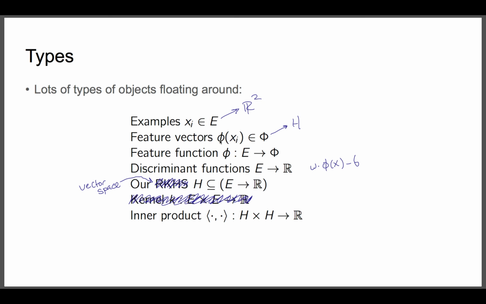You would have to apply the feature function to an example first before you'd be able to apply this inner product to it. So type checking is always a good way to keep your mind straight about what operations are allowed to be performed on which objects you're thinking about.